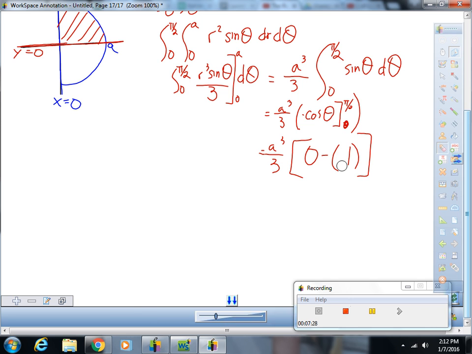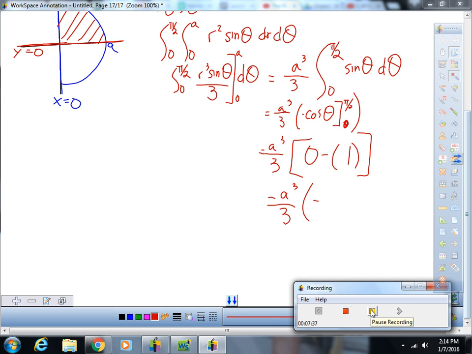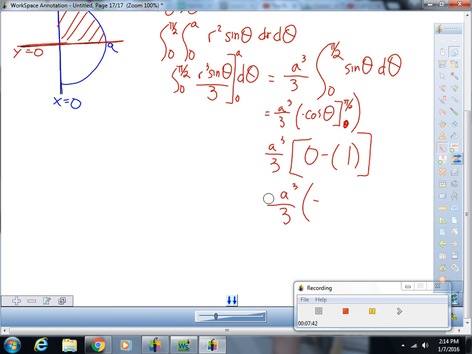No, it's just minus positive 1. Oh, here. This is where I messed this up. So it's times positive 1. So it's a cubed over 3.